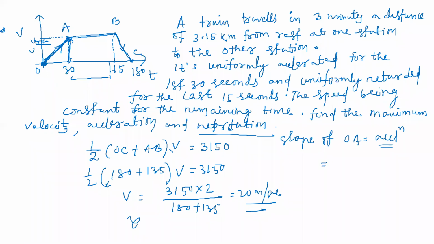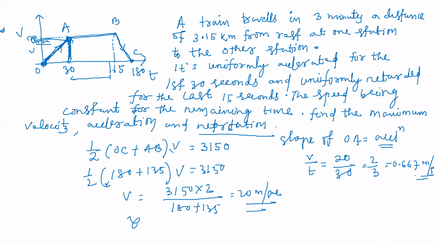Slope means y by x, V is 20, time is 30, so 20 by 30, that is 2 by 3. So acceleration is 0.667 meter per second square.